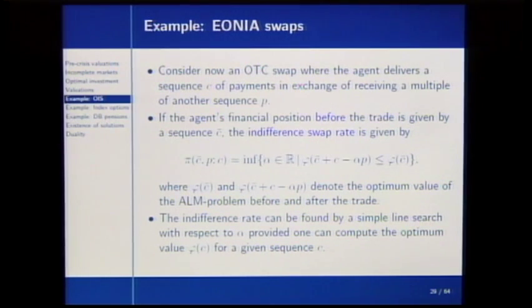The way it works in practice, for every value of alpha, you assume that you can find the optimum value in the optimization problem that I had. And then you check if this inequality is satisfied. If it's not, it means that your alpha was too low. You have to increase it. But it's a one-dimensional search. So it's like a line search at every iteration of which you have to solve one optimization problem. And it's, again, very fast to do in MATLAB.